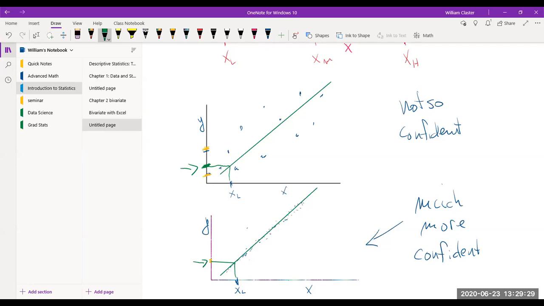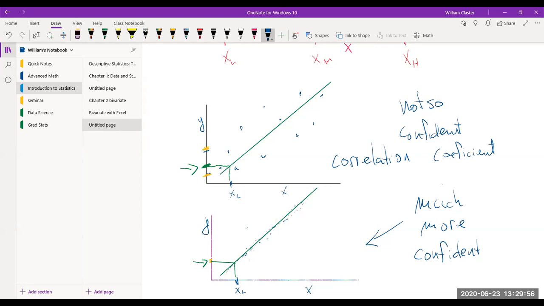So I'm more confident when I make a prediction for the bottom picture than for the top picture. And the correlation coefficient is going to tell me that.